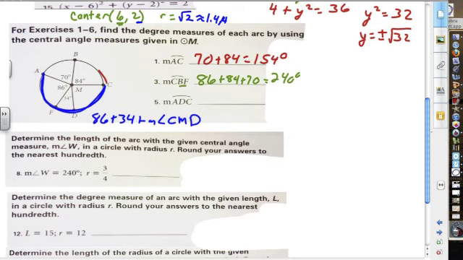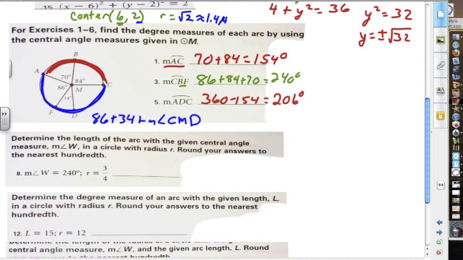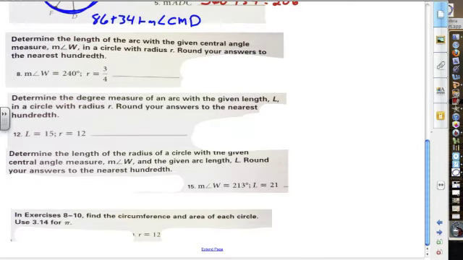Or I can notice that this arc here is on the other part of the circle from our ABC one. Remember, our first one was arc AC. That's the A to B to C one. And that was 154. So this has to be 360 minus 154, which should give me 206. So that's a 206 degree arc right there. So that's how we can do those problems.